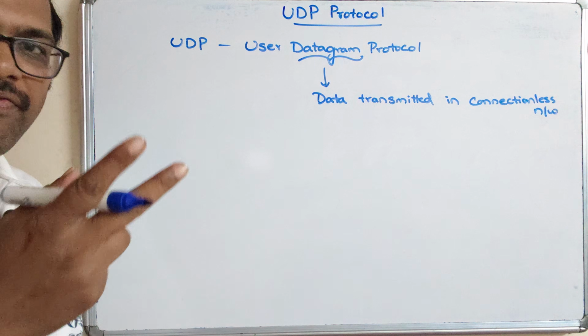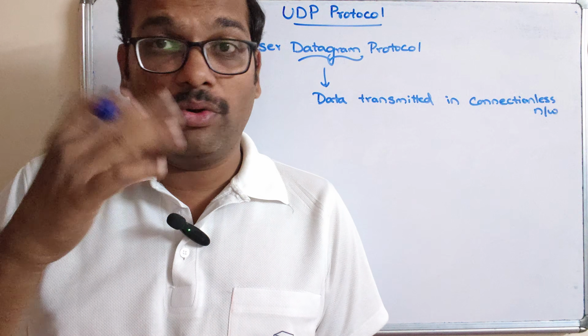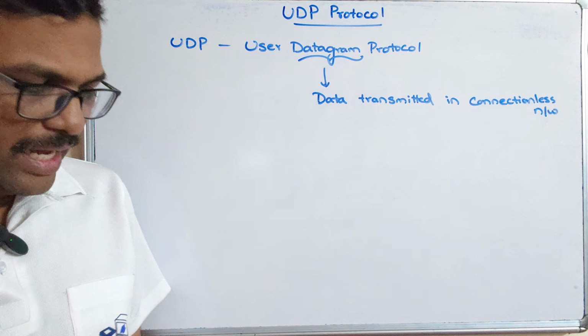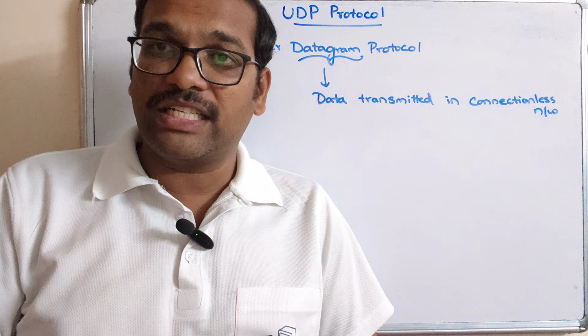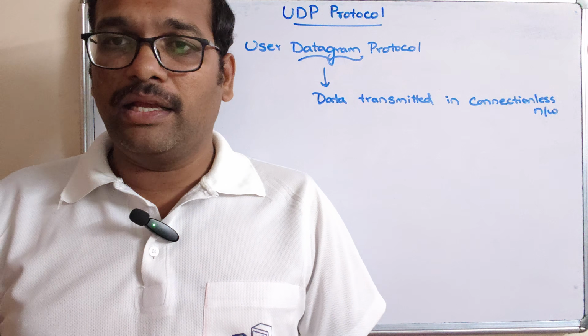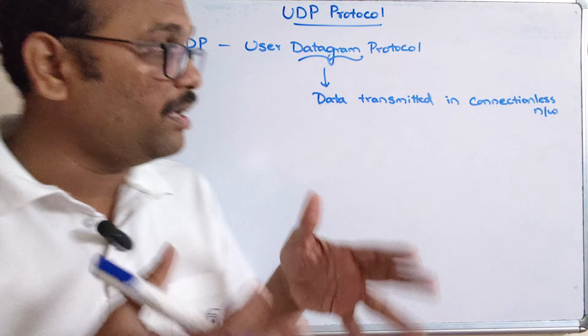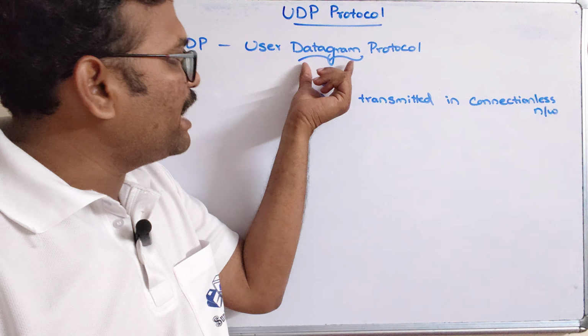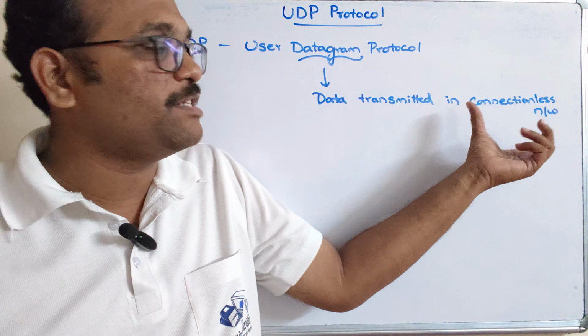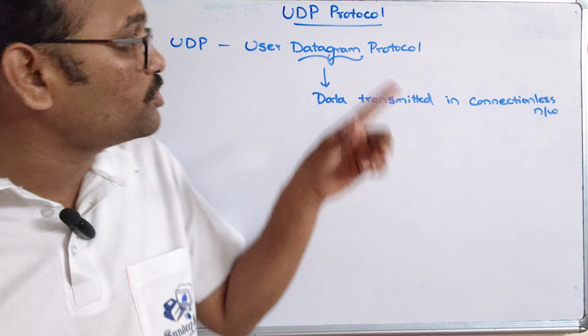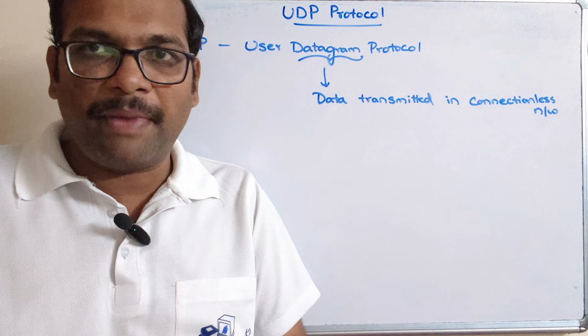So we have seen two different types of networks, connection oriented and connectionless. In connection oriented, we are supposed to establish the connection before sending or receiving the data, but here it doesn't require. So data which is transmitted in a connectionless network is called a datagram. So we should not call it a packet.